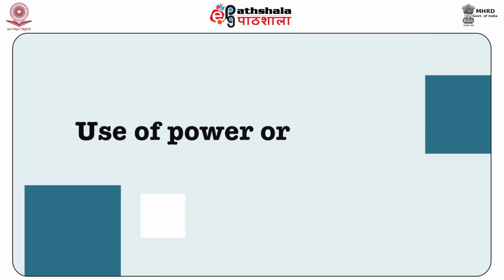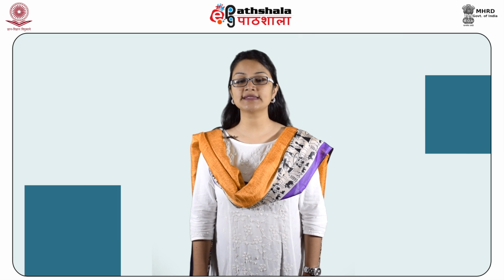A number of different characteristics of organizational politics have been identified. They are: first, use of power or authority. Organizational politics involves the use of some form of power or authority in order to influence the regular turn of events.